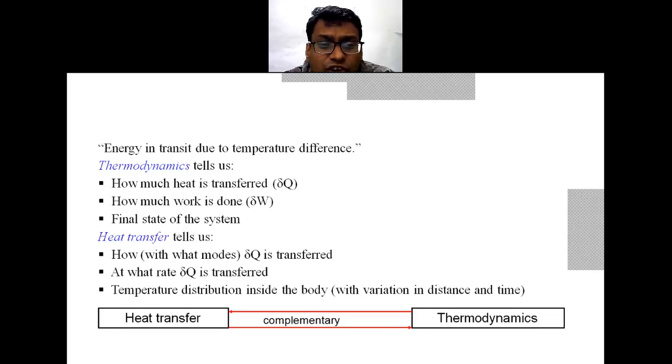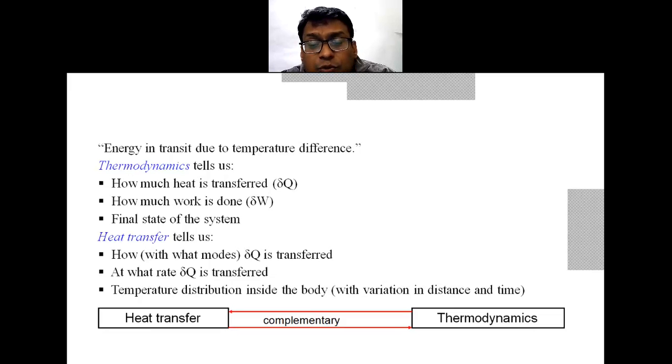However, heat transfer talks about at what rate the heat is getting transferred, and how that heat is getting transferred, with what mode, whether by conduction, convection or radiation. Depending on that, you have different calculations for the heat transfer rates.